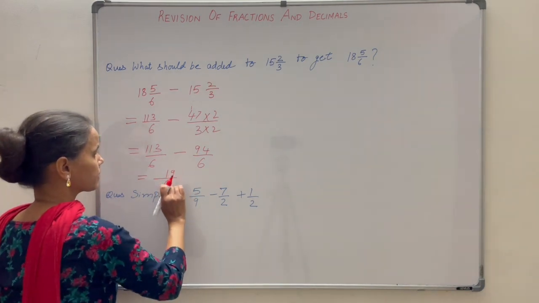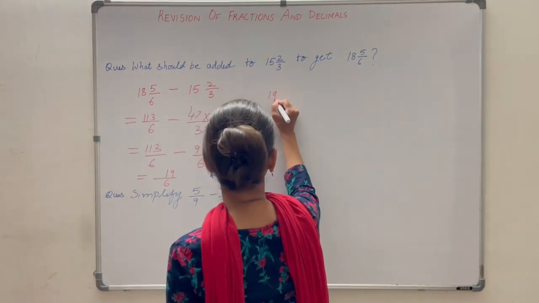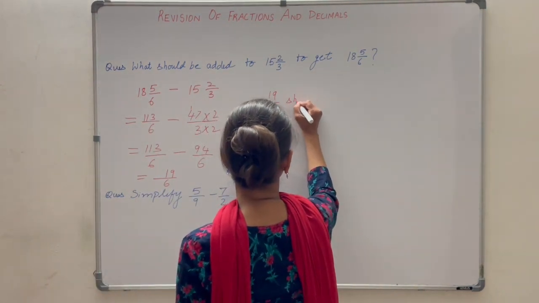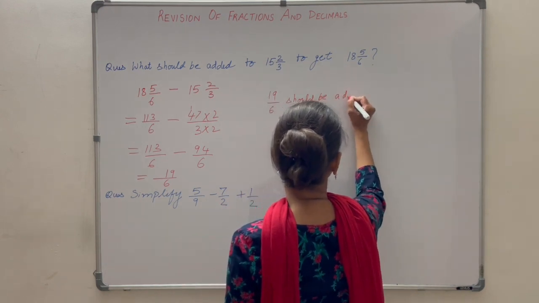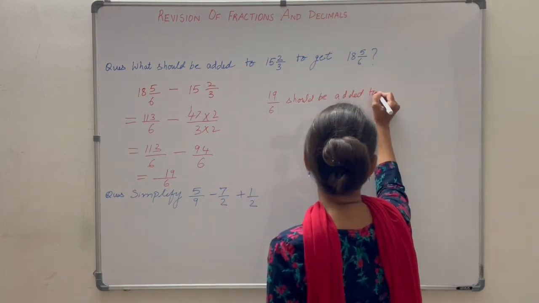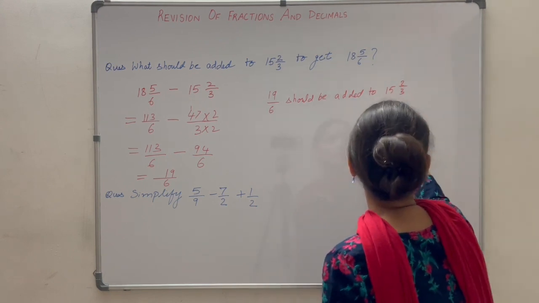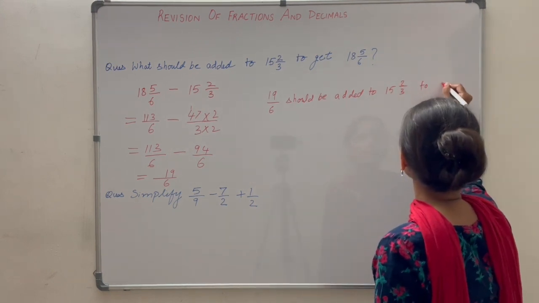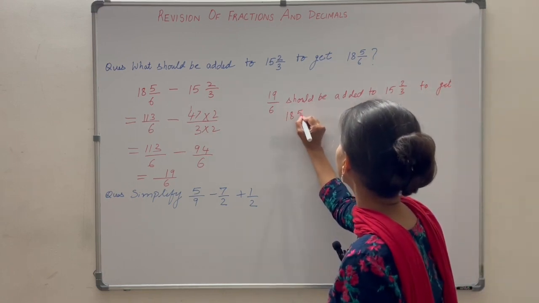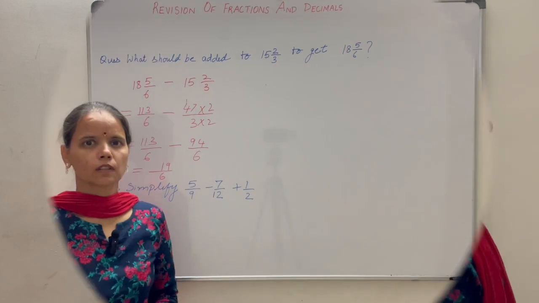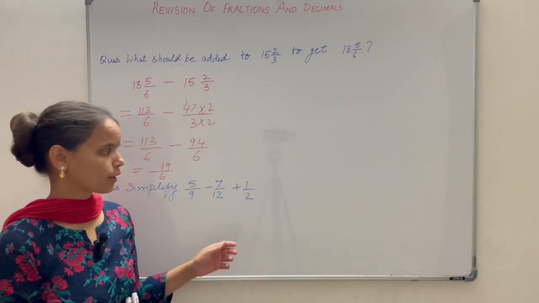So 19 by 6 should be added to 15 2 by 3 to get 18 5 by 6.